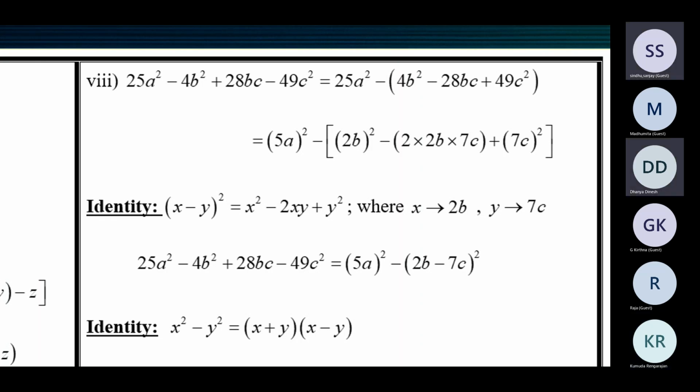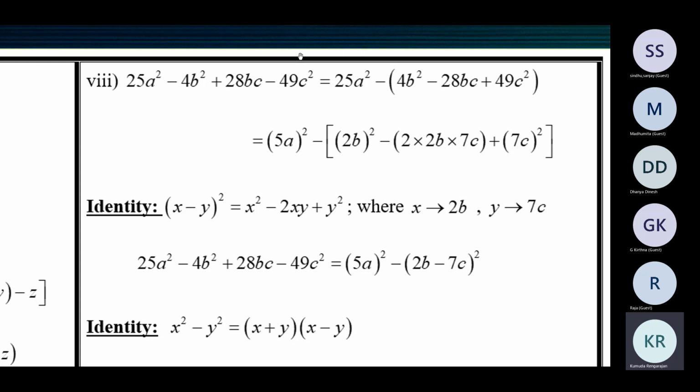Yes, ma'am. That's why we are grouping the last three terms, because the last three terms have two perfect squares, 4b square and 49c square, and the middle term you will get 28bc with 2b and 7c. So we want to group the last three terms.